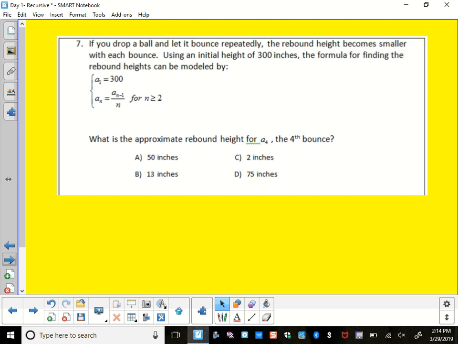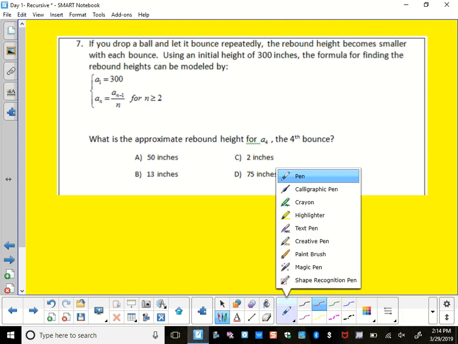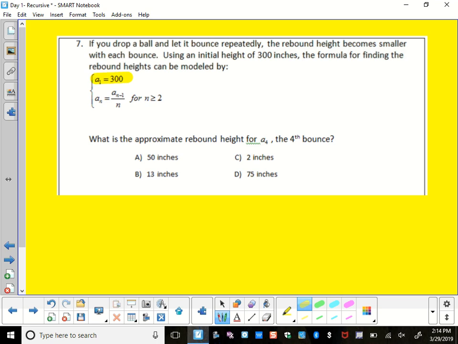It says if you drop a ball and let it bounce repeatedly, the bounce height becomes smaller with each bounce. Using an initial height of 300 inches, the formula for finding the rebound height can be modeled by what they listed right here. So what this says is I am starting my first term with what? 300.